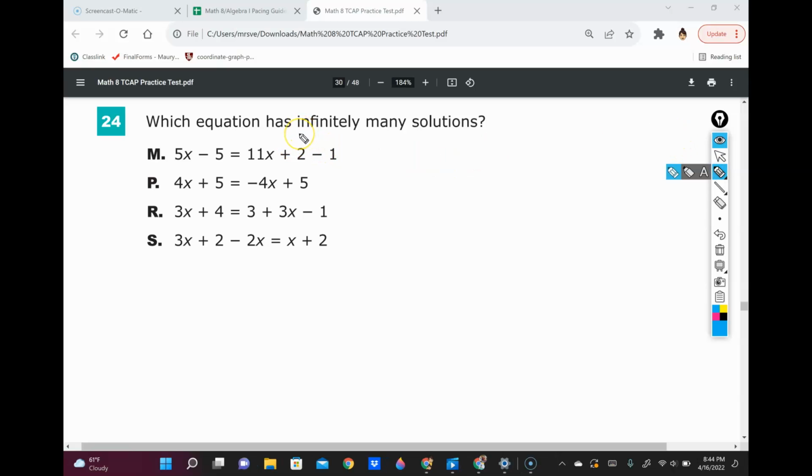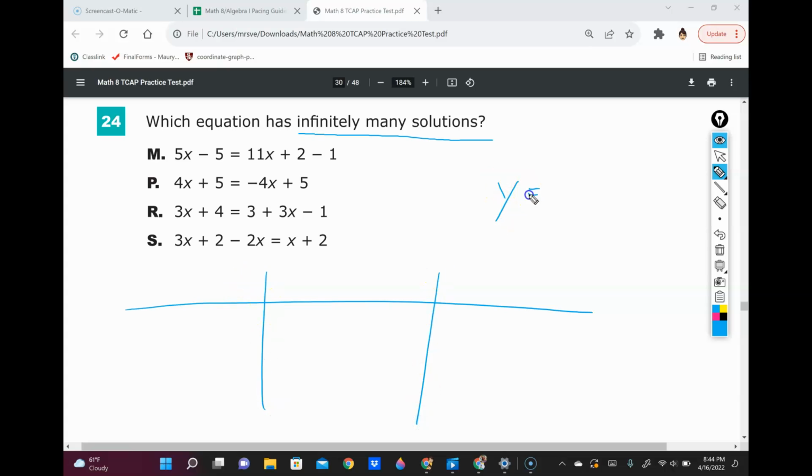Which equation has infinitely many solutions? Well, there's 3 categories when you're solving an equation, and you can base them on slope-intercept form. If I have one solution, you might have something like 2x plus 3 equals 4x minus 6. 2 and 4 are going to represent your slope. 3 and negative 6 are going to represent your y-intercepts.